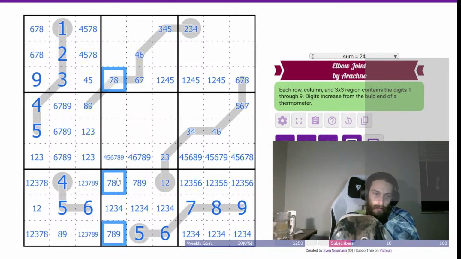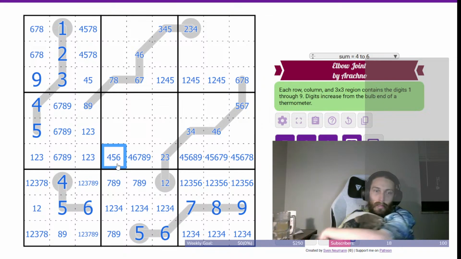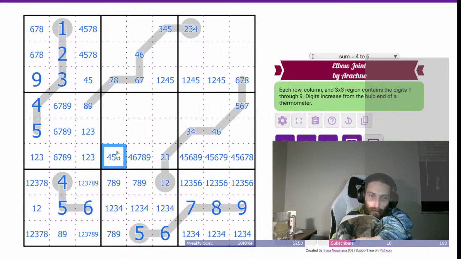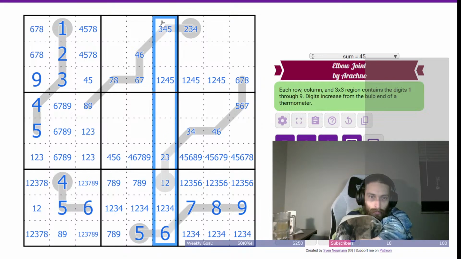That's 7, 9. Is that a 4, 5, 6 here? I don't see how it's helpful yet. Column 6 needs 7, 8, 9.